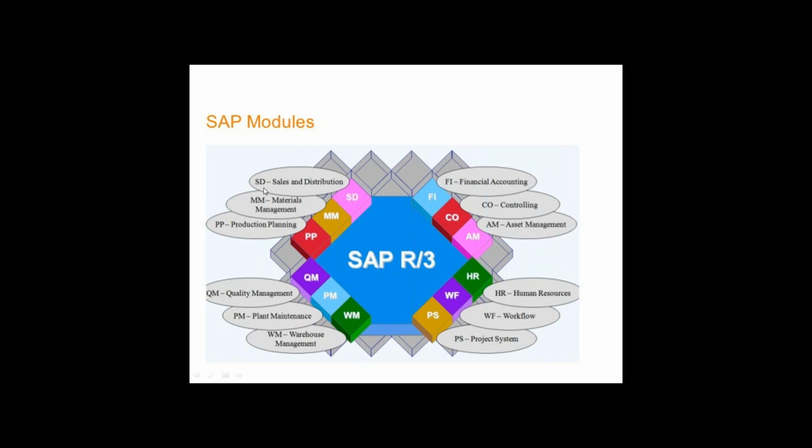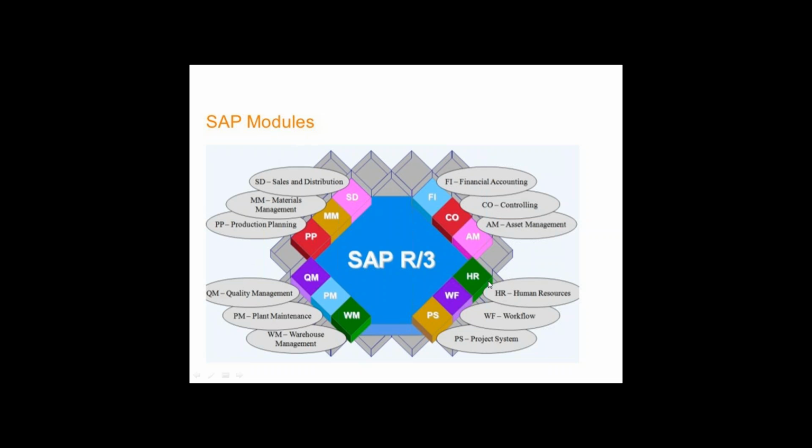SD means sales and distribution, MM materials management, but FI is finance, CO controlling, AM asset management. We are going to discuss these three: FI, controlling, and asset management. These are the three modules we are going to cover during our course.